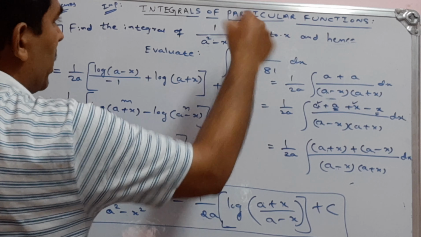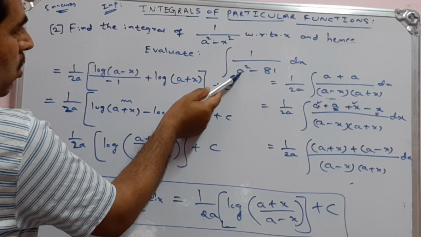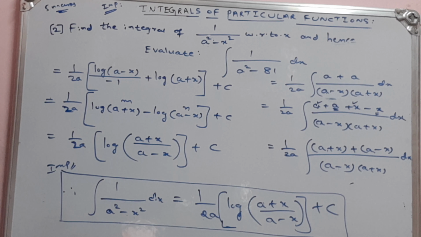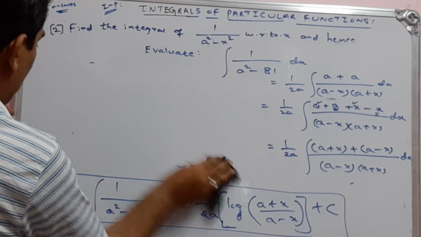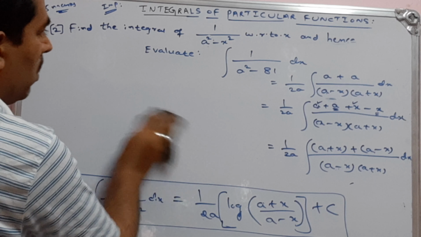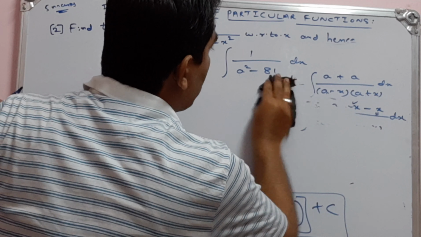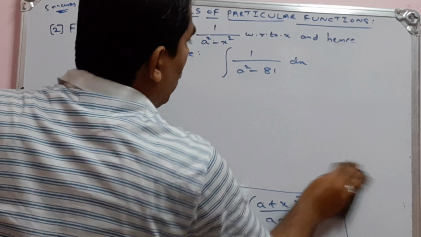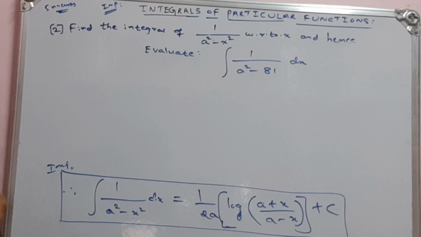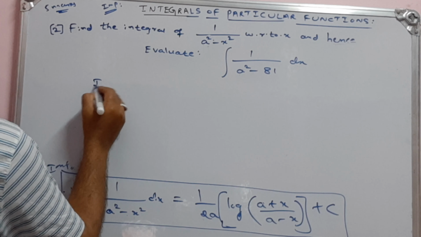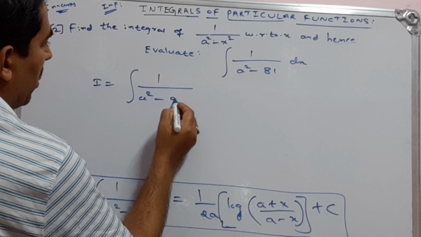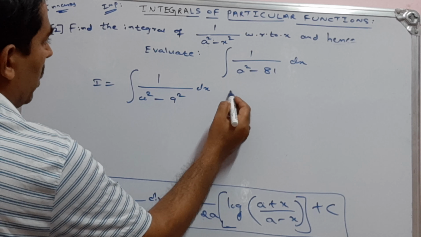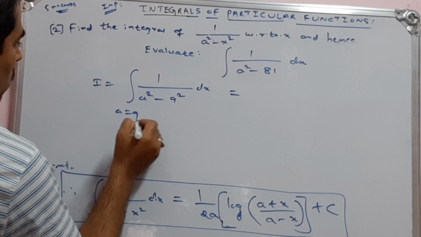Now after doing this derivation, we have to integrate this. Let me continue here. Let me delete this also. Now observe carefully. I will take this. Then I is equal to 1 by a square minus x square. 81 can be written as 9 square, so a is equal to 9.